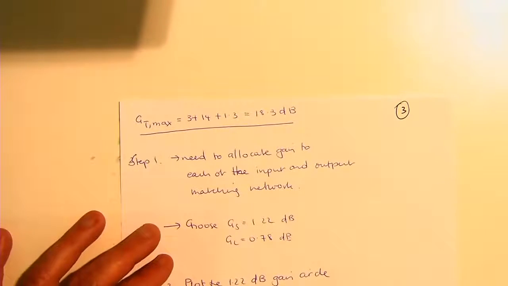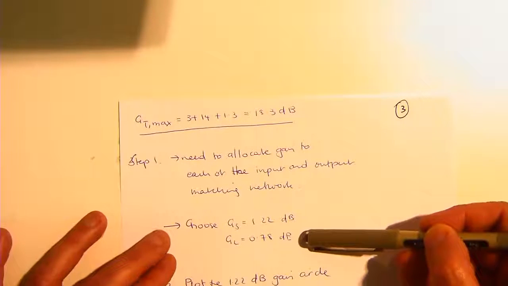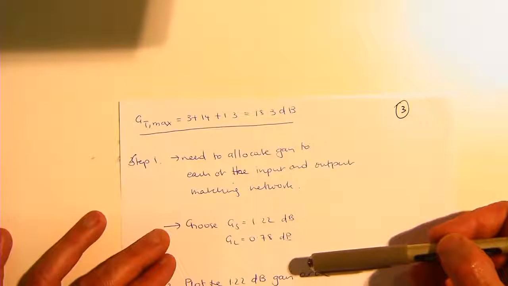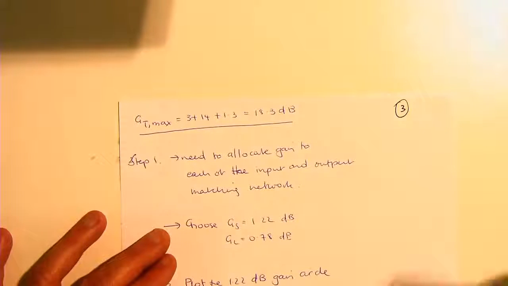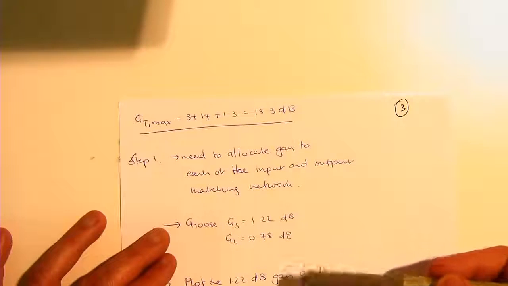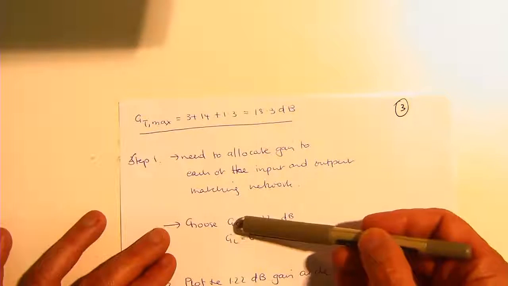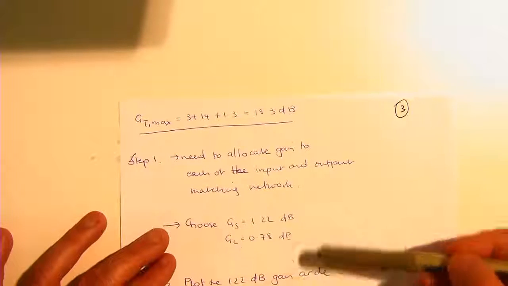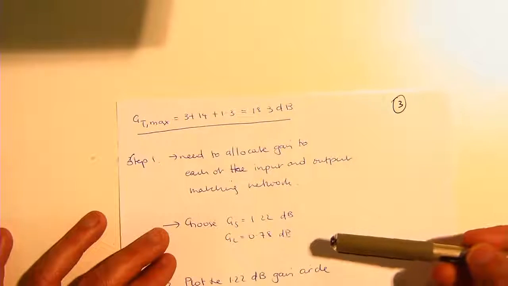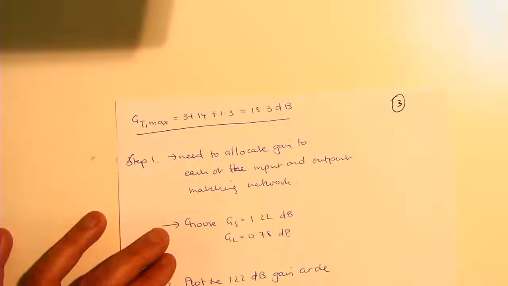The only condition there was that the source and the load were going to be less than the maximum, right? And if you're doing a design, usually the other thing that you would look at is to ensure that the gains that you've chosen and the resulting, for example, reflection coefficients didn't give you an overly large voltage standing wave ratio at either the input or the output.